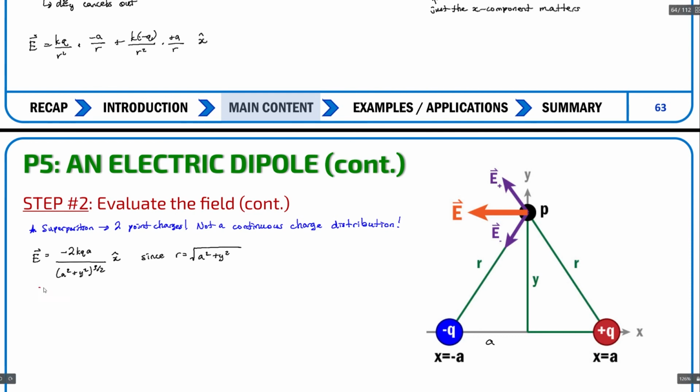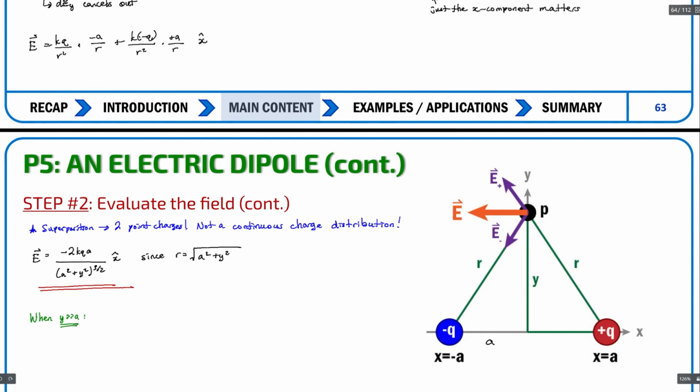We don't even have to do a lot more here, but there is a follow-up. What happens when y is much greater than a?